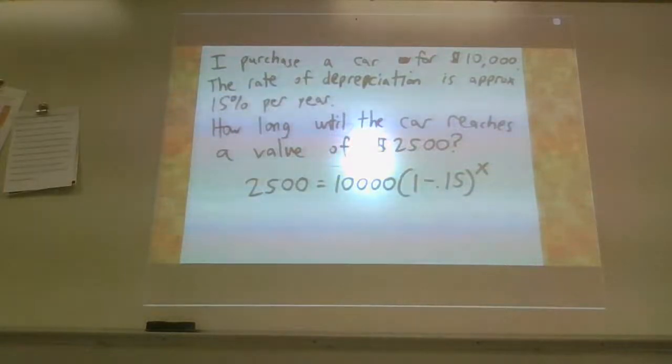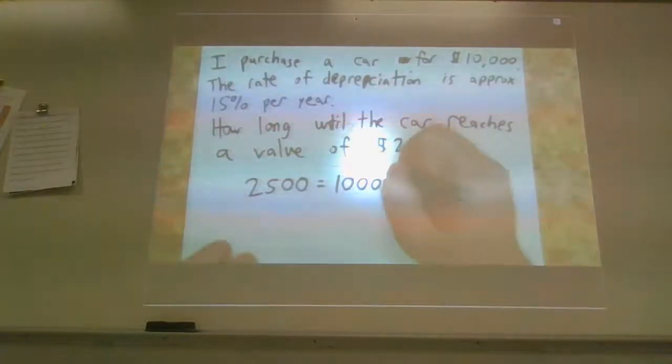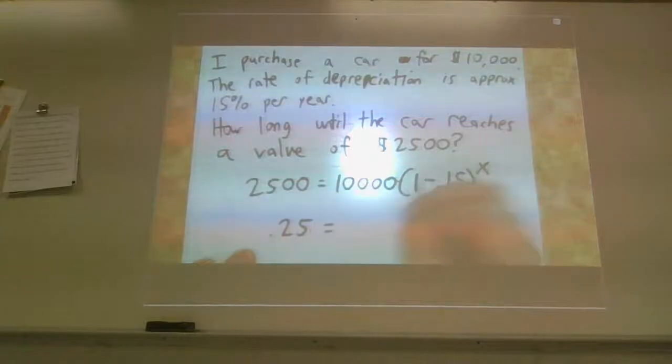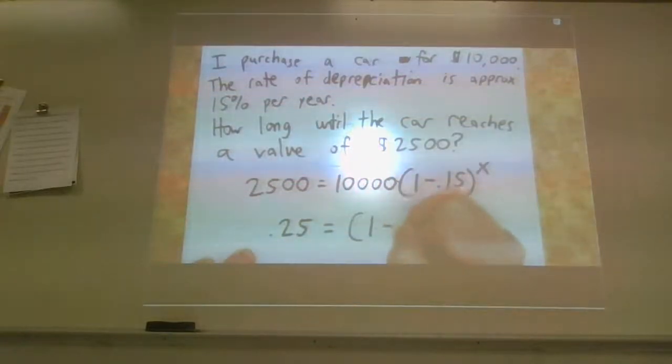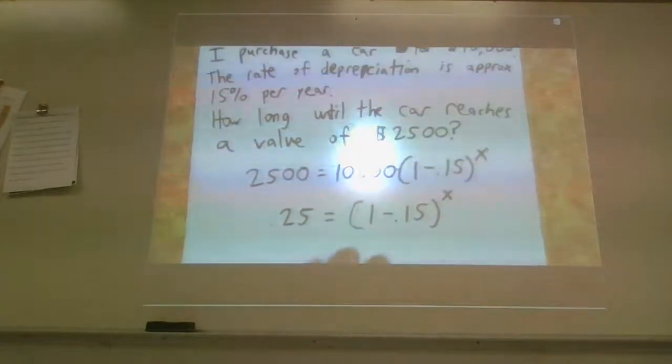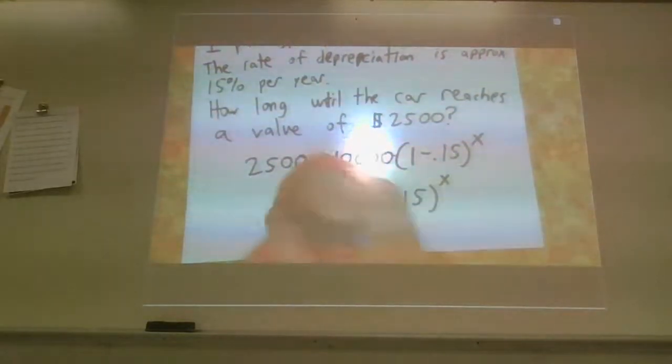Now, it seems crazy, but I worked this out where the first couple of numbers are going to work out quite nicely. If you divide by 10,000, you undo the multiplication, and you get just 0.25.